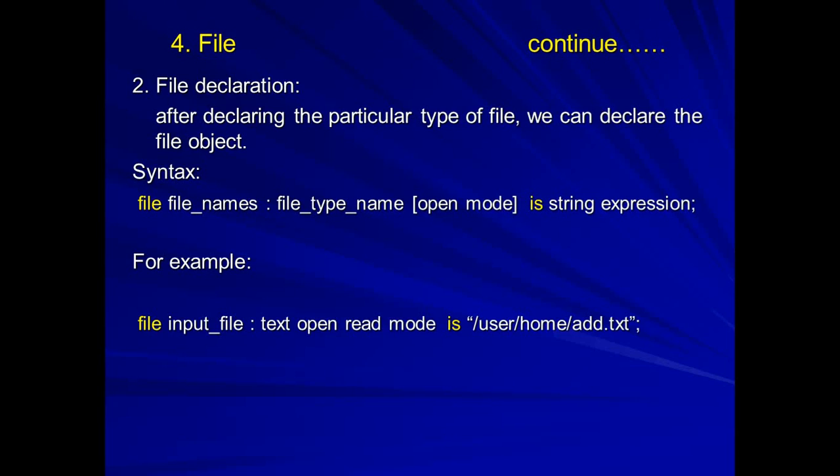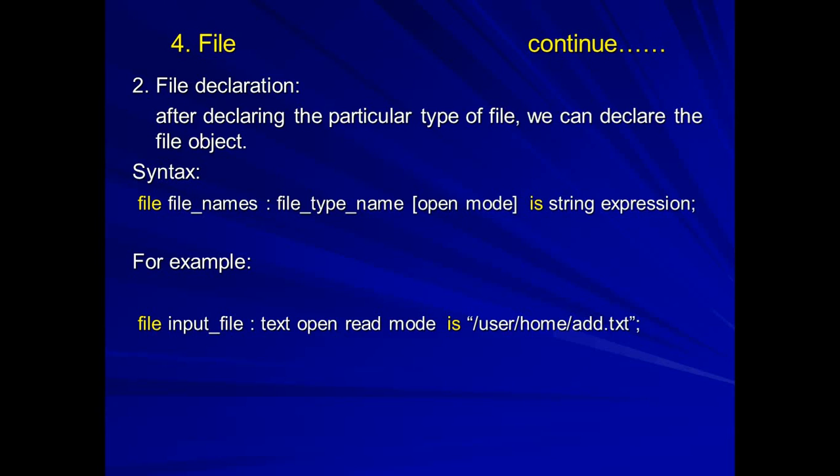Second, file declaration. After declaring the particular type of the file, we can declare the file objects. File declaration consists of declaration of objects for the file. Syntax: file_name : file_type_name is string_expression. Here file_name is the name of file and after colon, what is the type of that file.